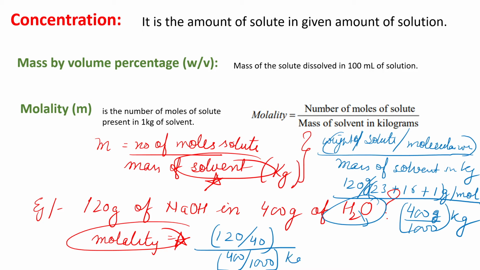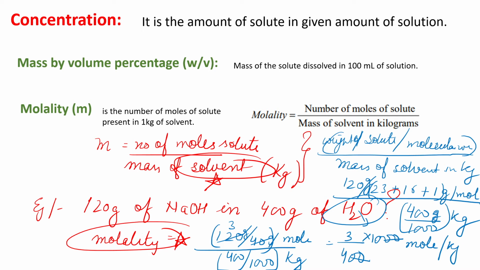The gram over here will cancel out. So the value will come out as 120 by 40, which gives you 3, then 3 by 400 into 1000. The units will be mole per kg.